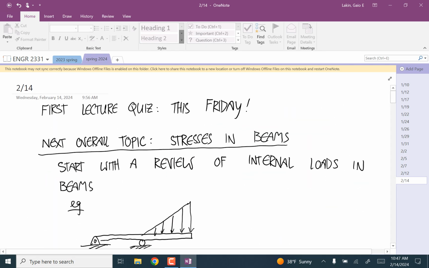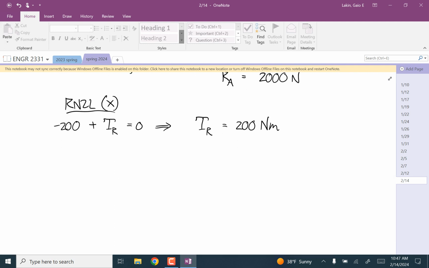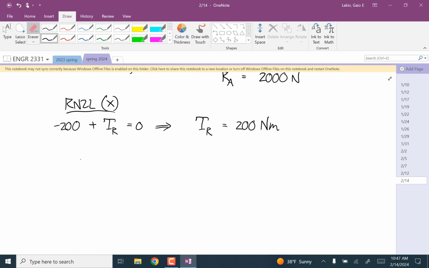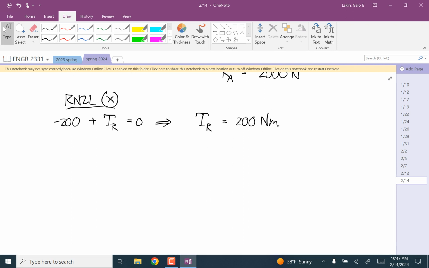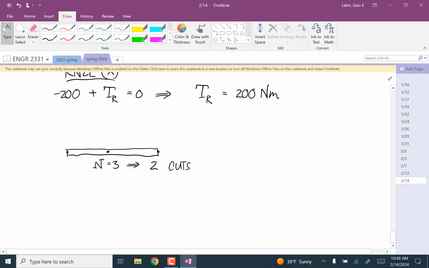Okay, so where did that thing go? All right, so n is equal to 3. So we're going to do 2 cuts. The first one is going to be somewhere before you get to that second point.